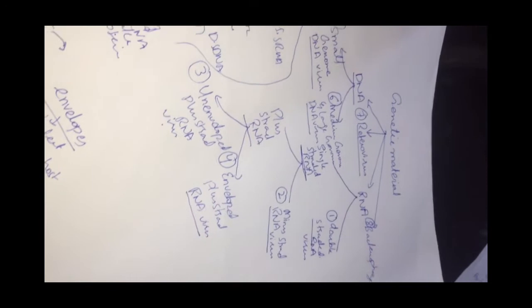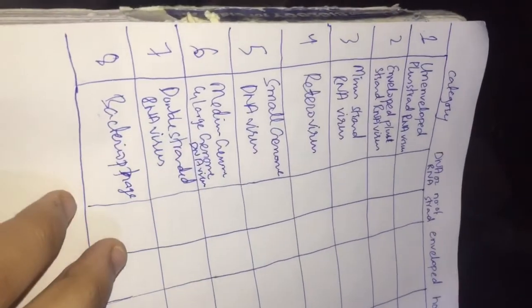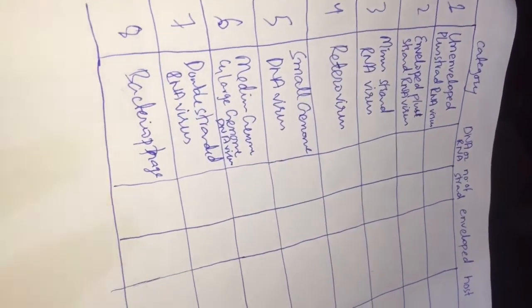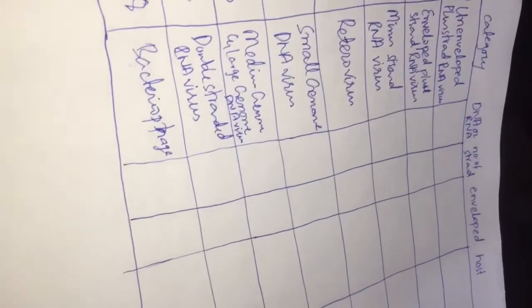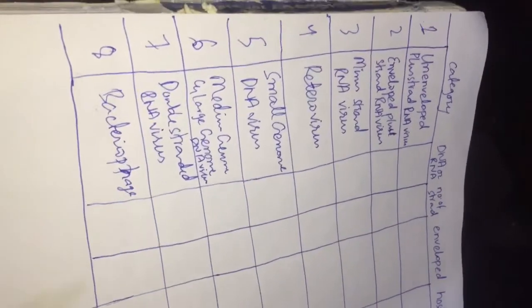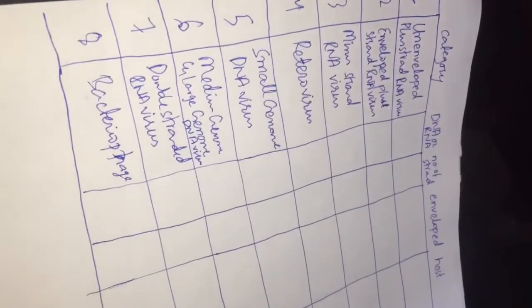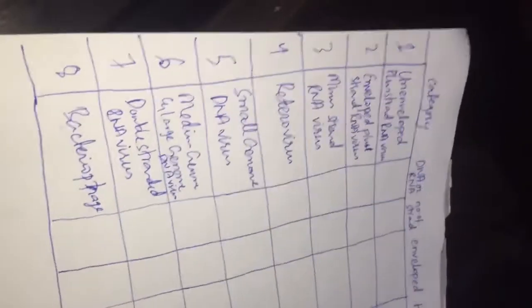Here we are doing another topic, which is the characteristics of these 8 main categories of viruses. I have made this table which will cover all the characteristics and all the information which is mentioned in our book.